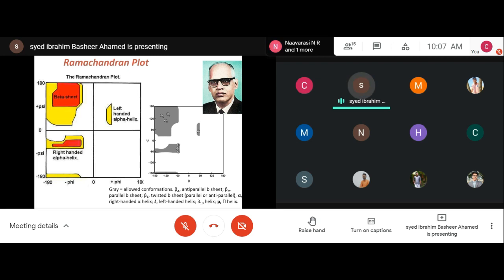You have minus 180 to plus 180 as the phi angle on one axis, and minus 180 to plus 180 for the other angle, that is psi. So you make a plot of phi and psi.